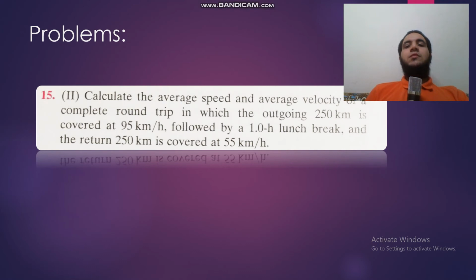It covered 250 kilometers with the speed of 95 kilometers per hour, and then followed by a 1 hour lunch, meaning that it was at the end position for 1 hour, and then it returns 250 kilometers also at 55 kilometers per hour. So how are we gonna deal with this problem?